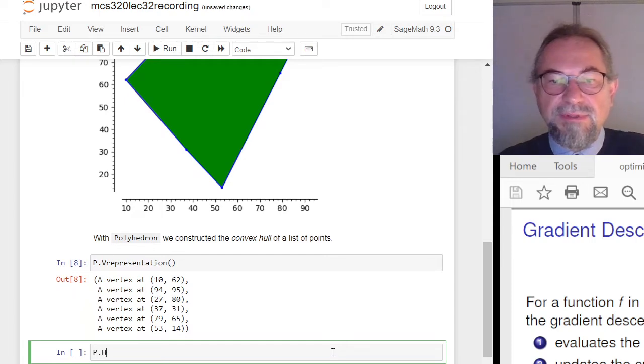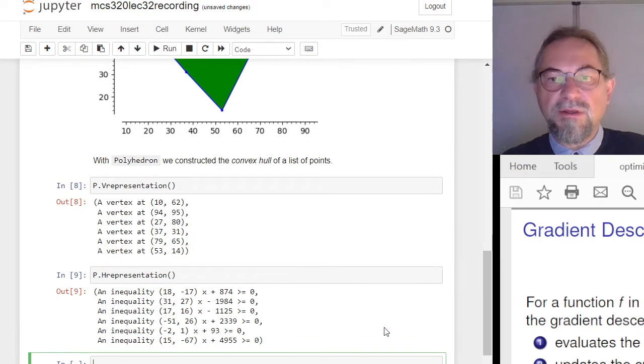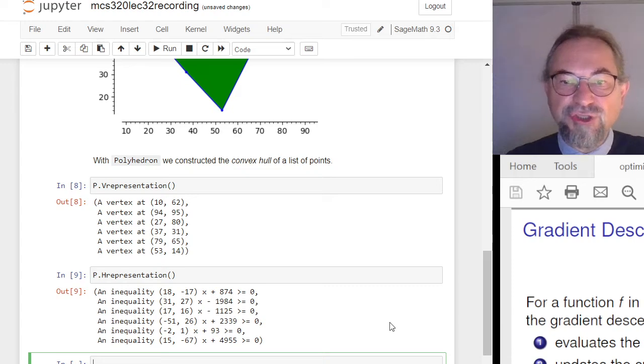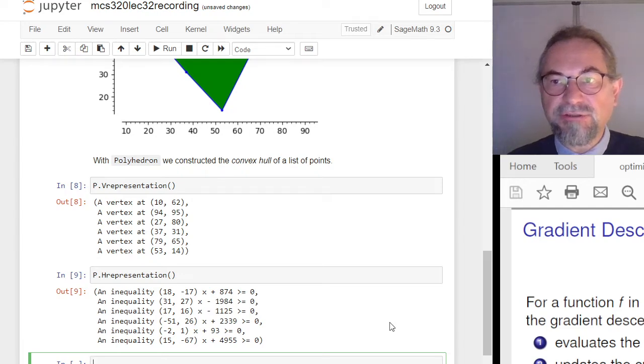So let me confirm this with the H representation. The H representation consists of 6 inequalities, and these are the linear equations that define the lines, or these inequalities define the half planes.